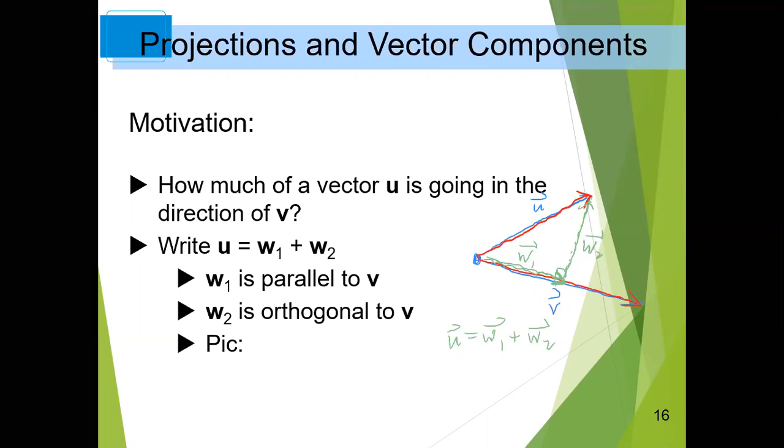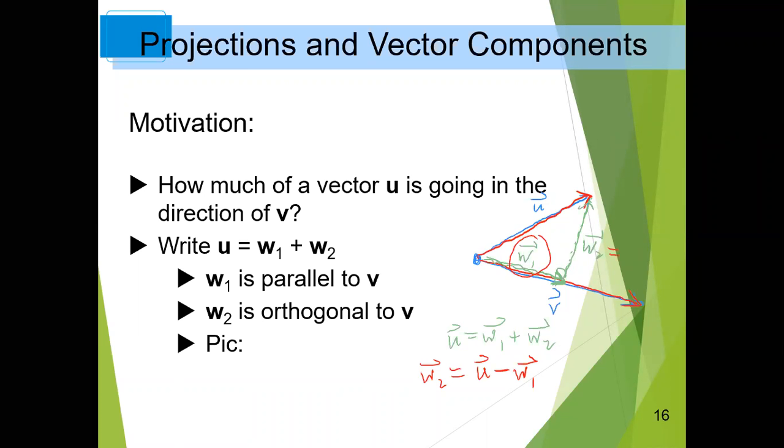Now, here's the thing. Once you have W1, W2 is pretty easy to find. You just have to take the difference, right? So W2, of course, is just U minus W1.